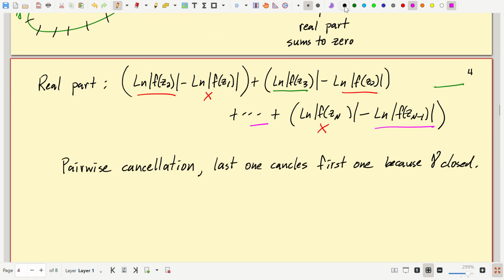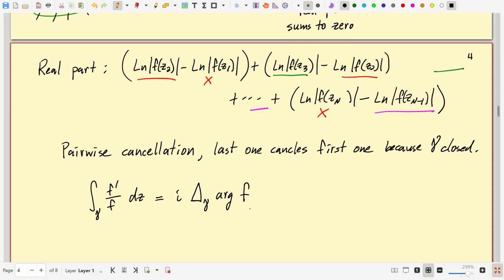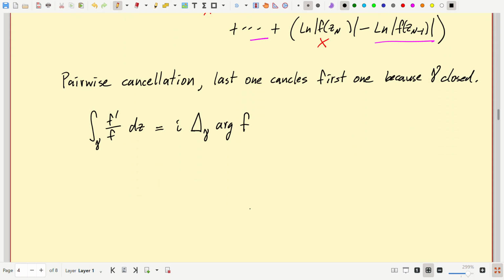What I have here is that the integral around gamma of f prime over f dz equals I times the summation, the increase around gamma of the argument of f. Okay. And now you think about, well, what if I divided that by 2 pi I?